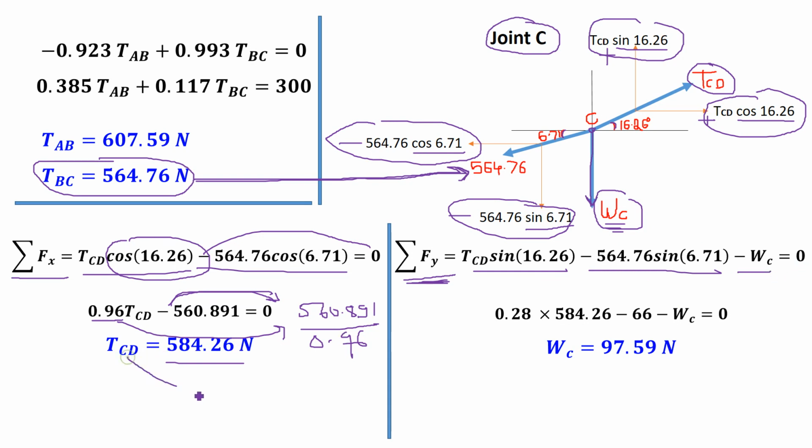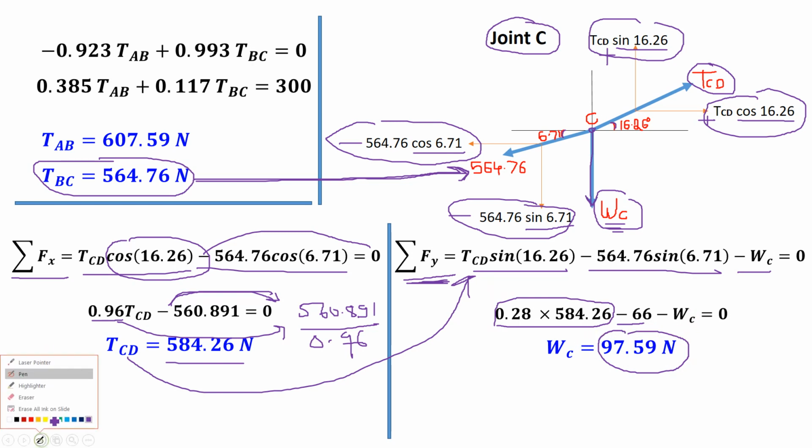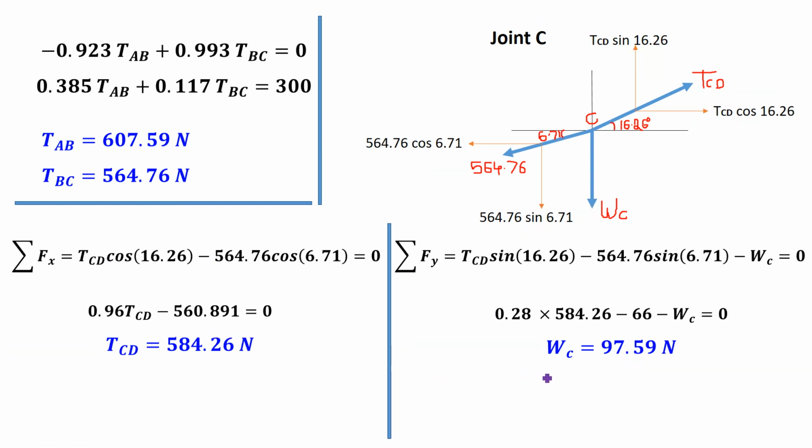If you substitute the value of tension CD from the previous step, you will get 0.28 into 584 minus 66 minus WC equal to 0. If you perform this calculation, the answer is 97.59 Newton. So this is the value of WC, that is, the weight of the signal at joint C.